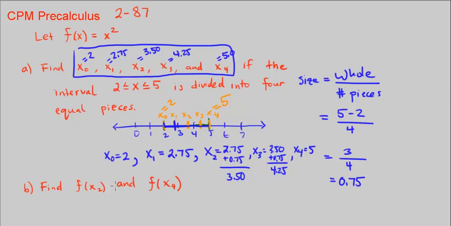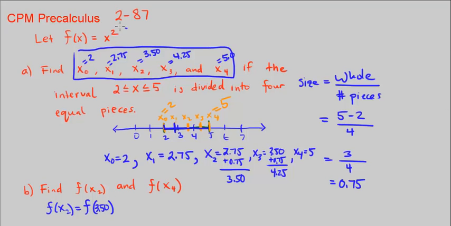Part B says find f of x sub 2 and f of x sub 4. What is f of x sub 2? What is x sub 2? Let's just replace x sub 2 with what it is. We know x sub 2 is 3.50. Then we need to plug it into our function, and wherever we see x, we're just going to square it.